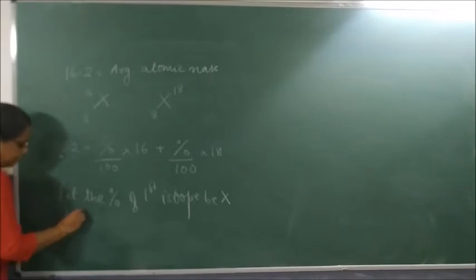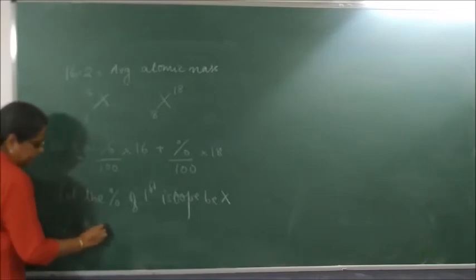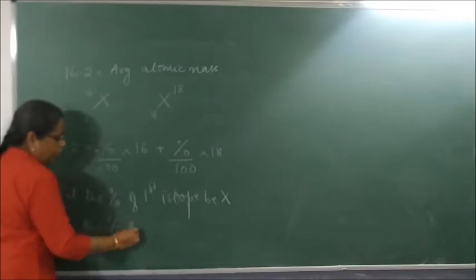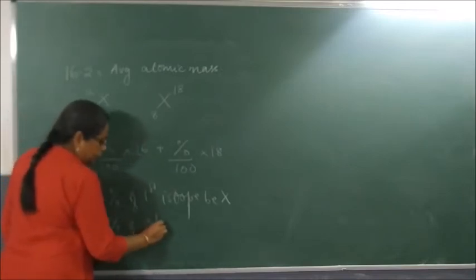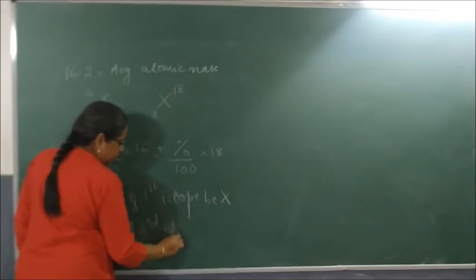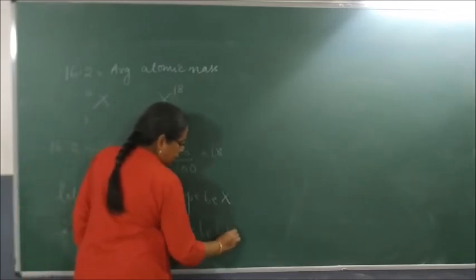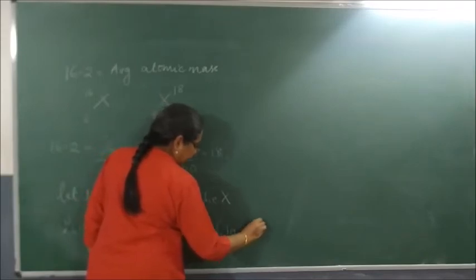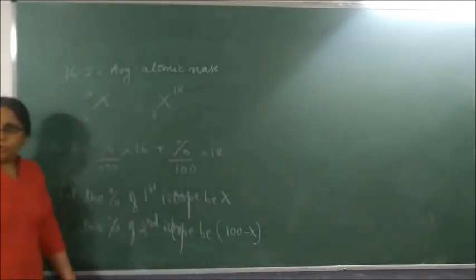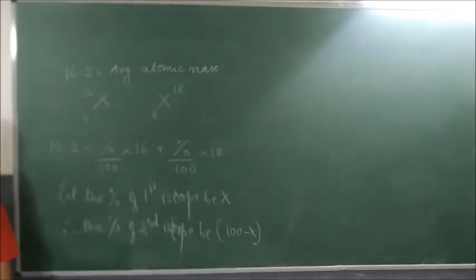Therefore the percentage of second isotope will be 100 minus X, because both together should be 100%.